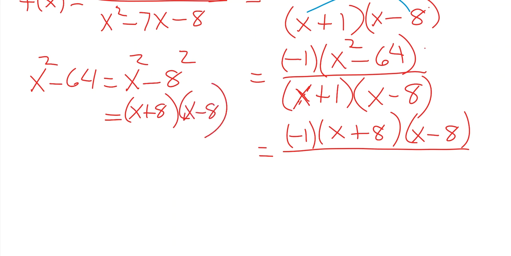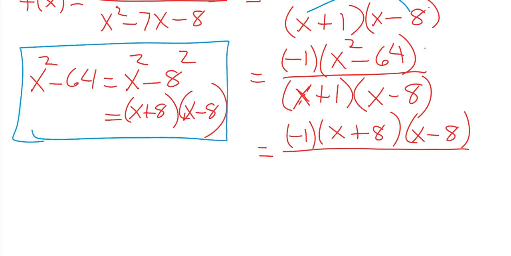So this is just a little explanation right over here. Take note of this. The numerator is the difference of two squares, okay? The denominator is as it was, x plus 1 times x minus 8.